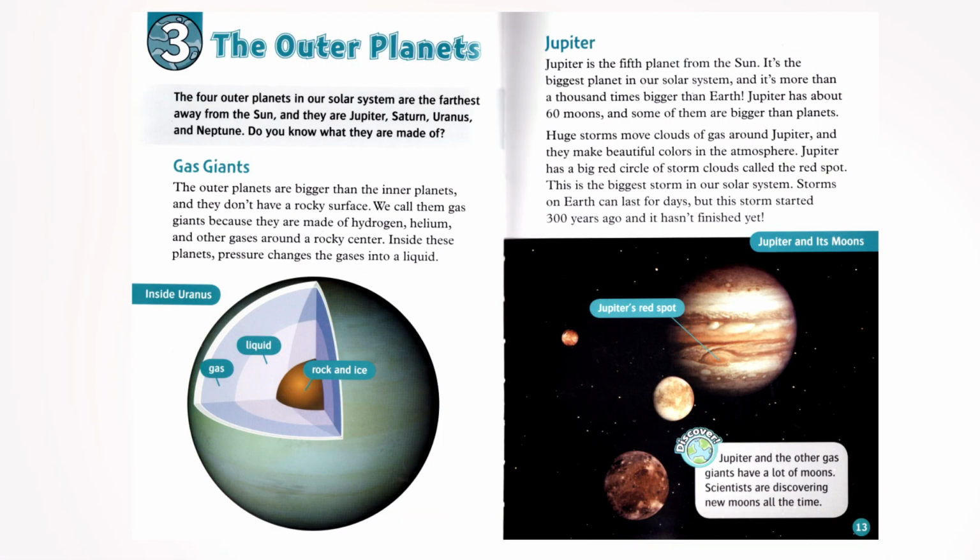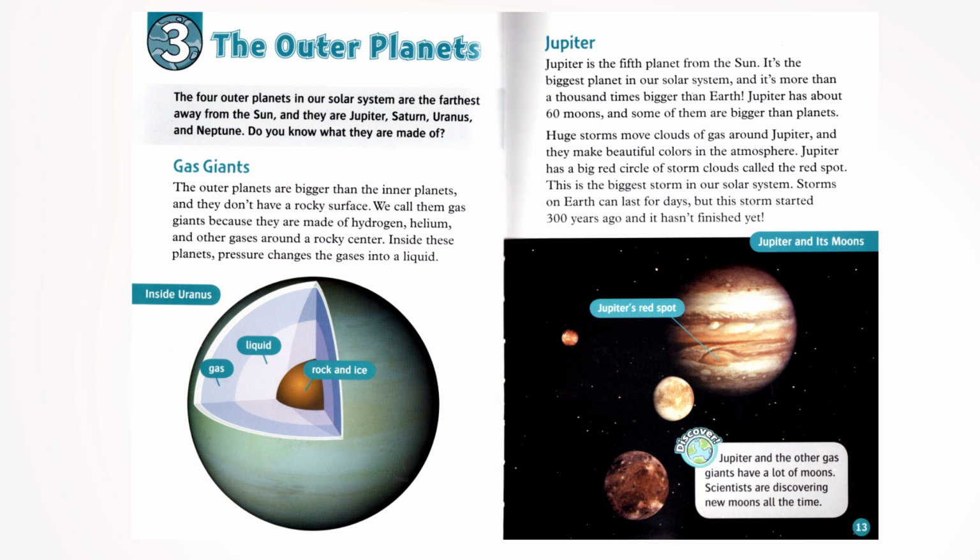Chapter 3. The Outer Planets. The 4 outer planets in our solar system are the farthest away from the Sun, and they are Jupiter, Saturn, Uranus, and Neptune. Do you know what they are made of? Gas giants.